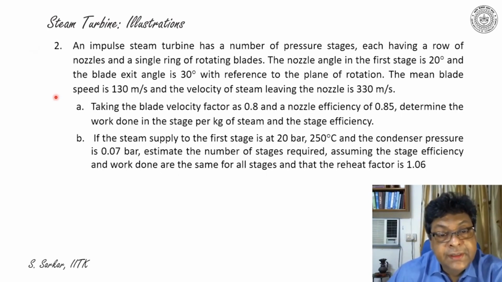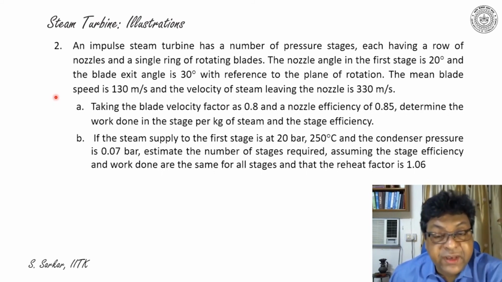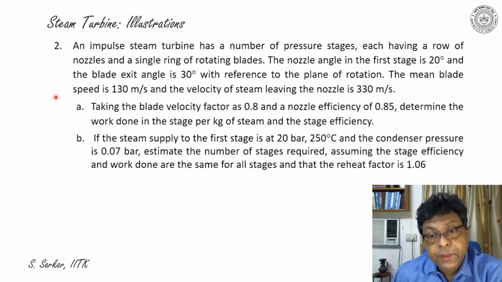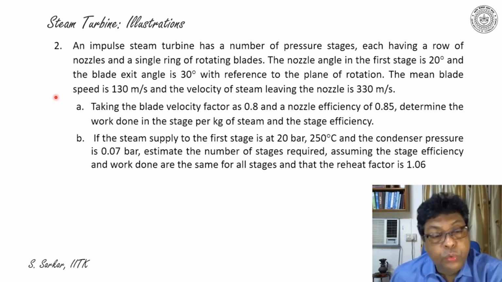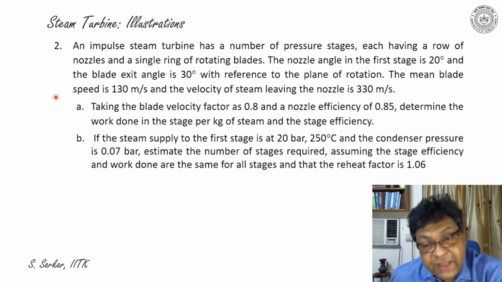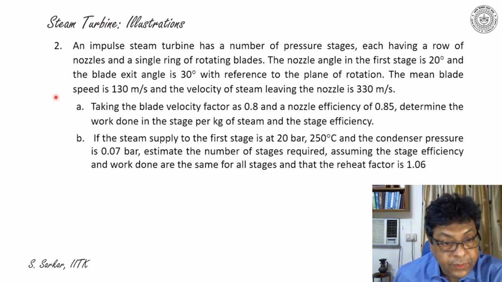Part A: taking the velocity factor as 0.8 and the nozzle efficiency of 0.85, determine the work done in the stage per kg of steam and the stage efficiency.